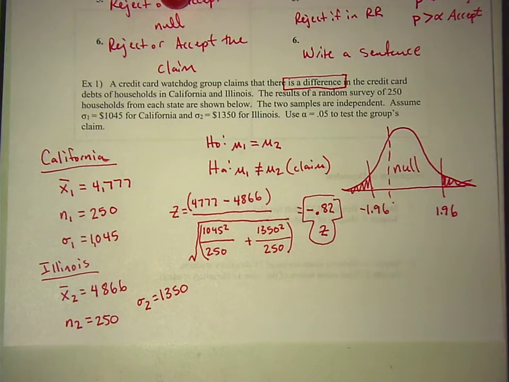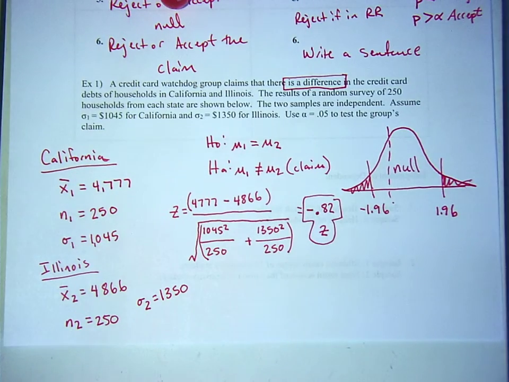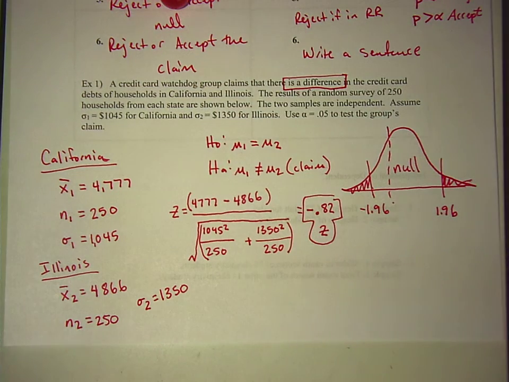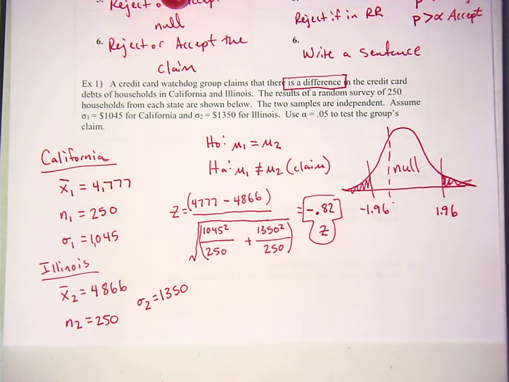So shouldn't it make the big square root for you? Now you can just take the whole thing, 1,045 squared divided by 250 plus. My calculator doesn't have the big square root over everything, I'm happy, so.